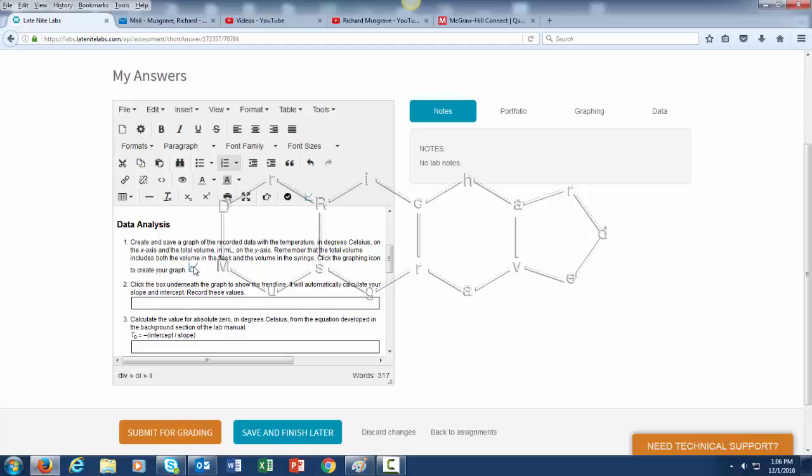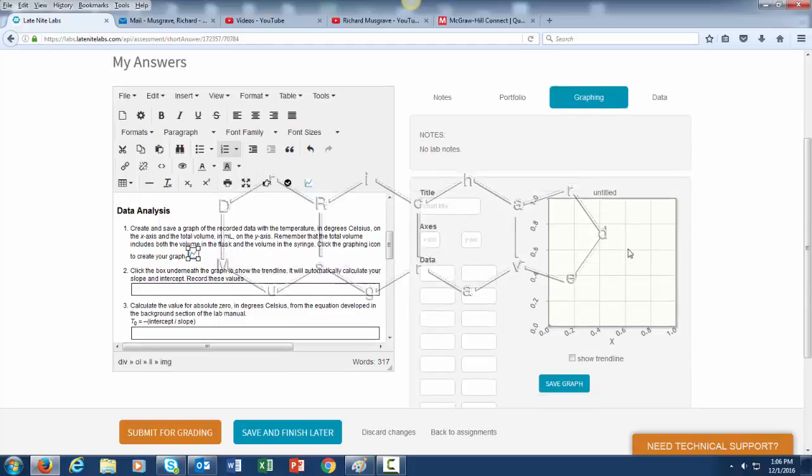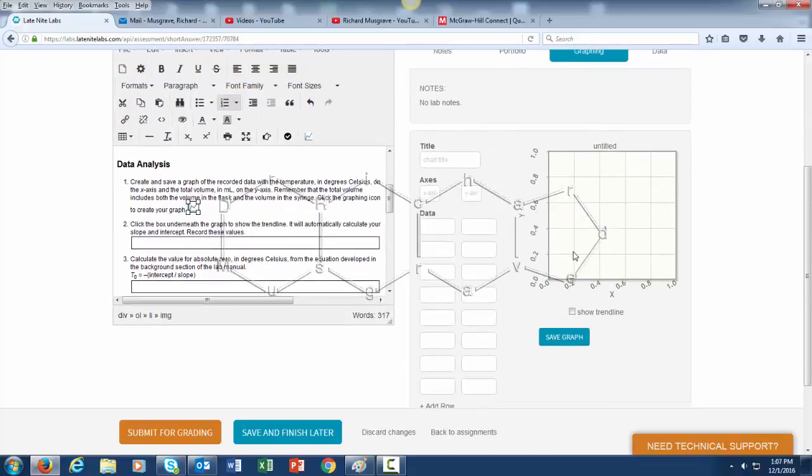And you do this by clicking on the graph icon, and then you can create your graph. Now I'm only going to have 2 points on mine because that's all I did. Now here's what it said to do. It said that what we needed to do was put the degrees Celsius on the x-axis and the volume on the y-axis.